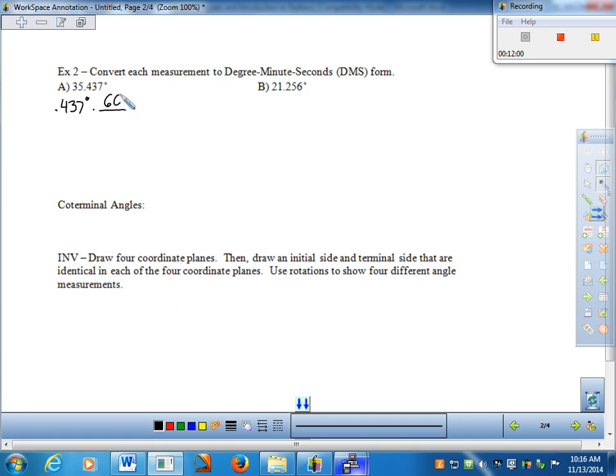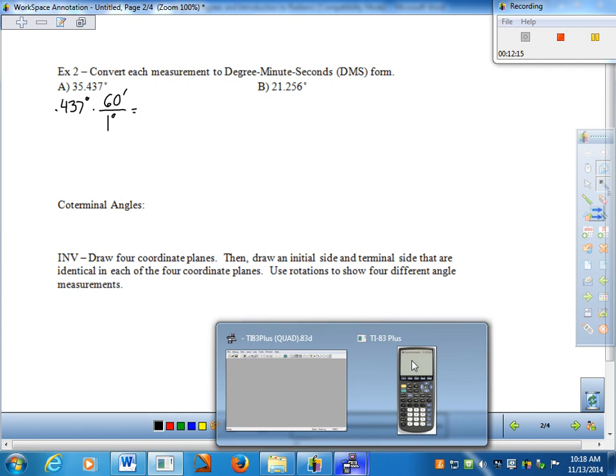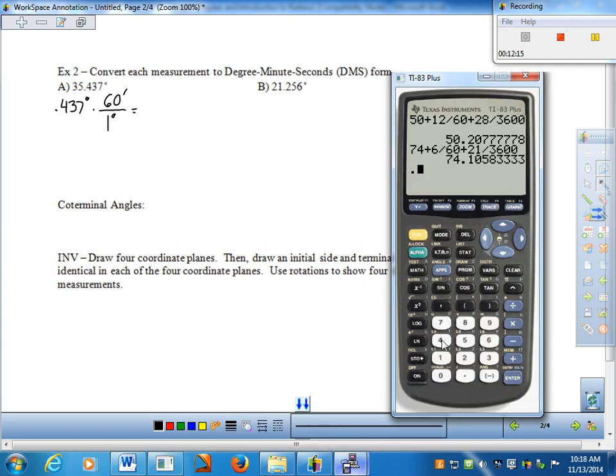So 60 minutes is exactly 1 degree. And now if you notice, just in terms of the units, degrees would cancel if you want to go ahead and slash those on your paper. And I'm just going to get 0.437 times 60, and that would give me the number of minutes. So let's go ahead and do that, 0.437 times the 60.